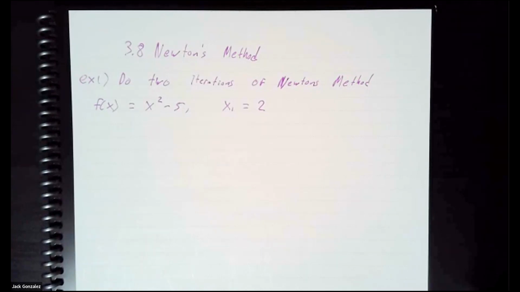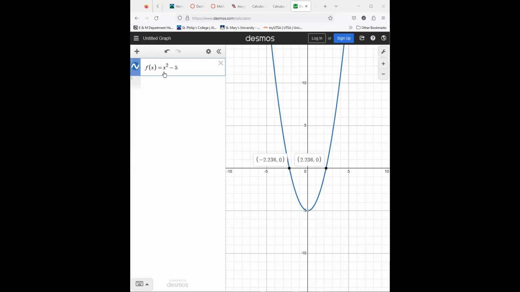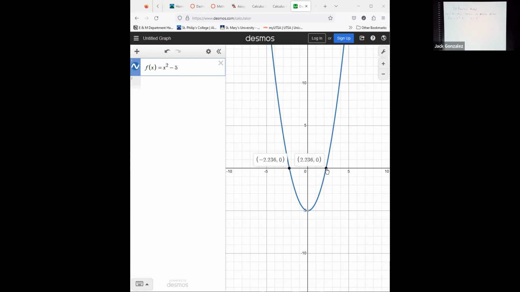Usually a program will do hundreds of them until it's an accuracy of your choice. So right here, this is the function we're working on, x squared minus 5. You can see that the zero is right here, 2.236. So we're trying to estimate that value using Newton's method.